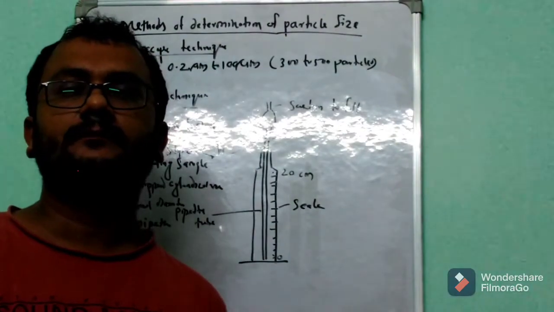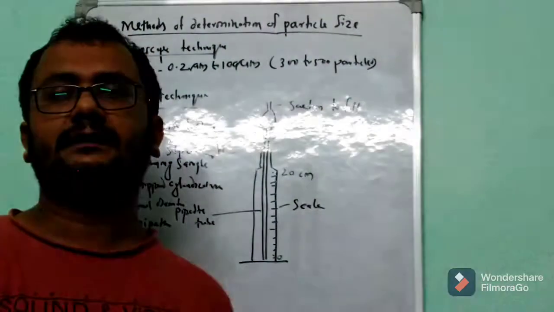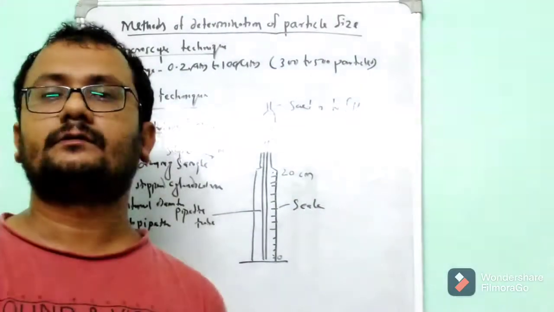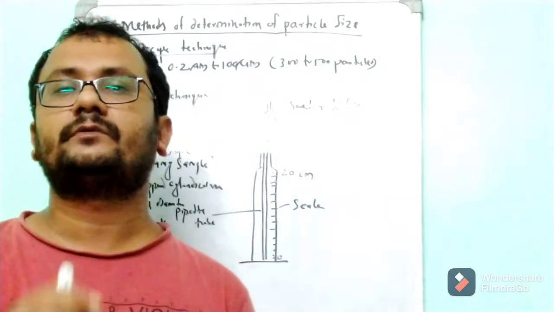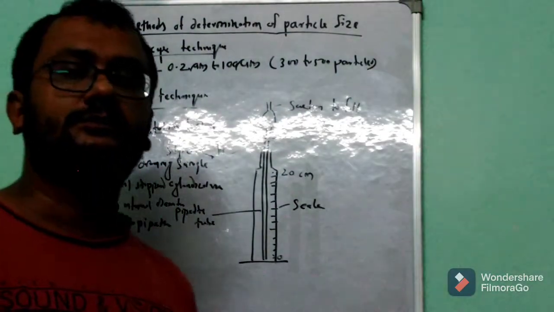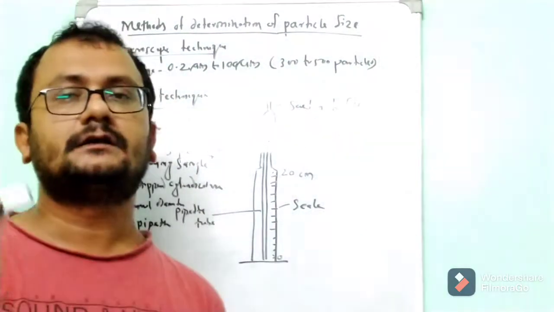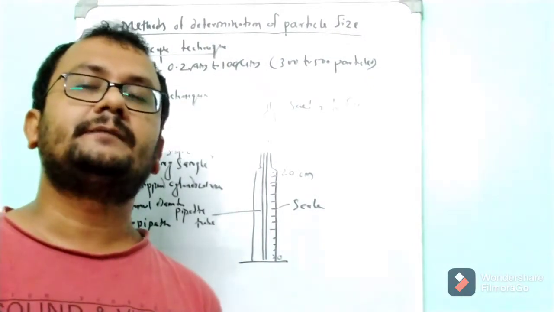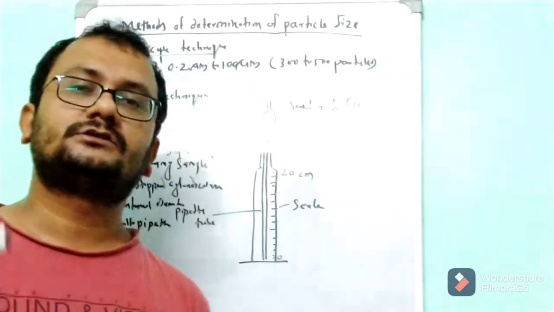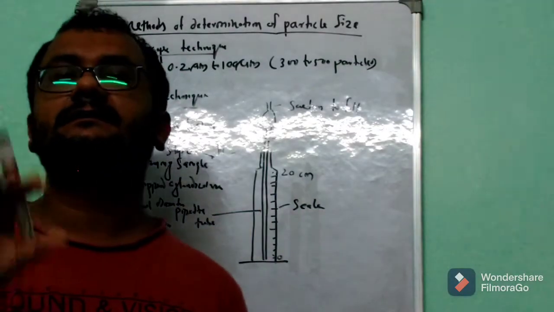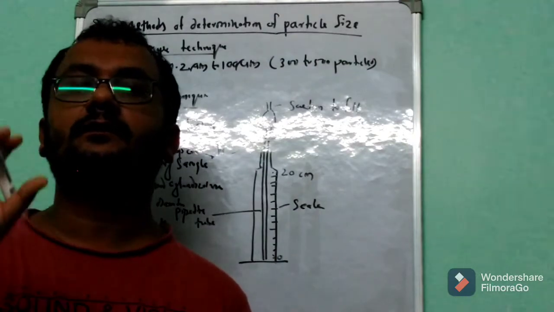So we get a photograph from the electron microscope. It can also be done under a simple microscope, but it is a difficult process, as we need to measure individual particles repeatedly. In industry, it is done under electron microscopes.